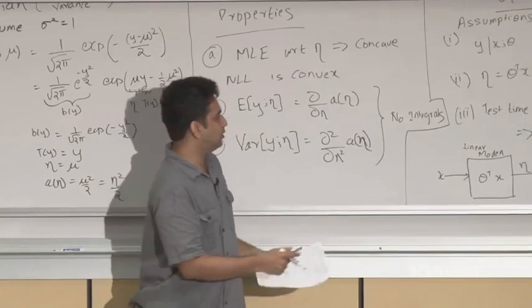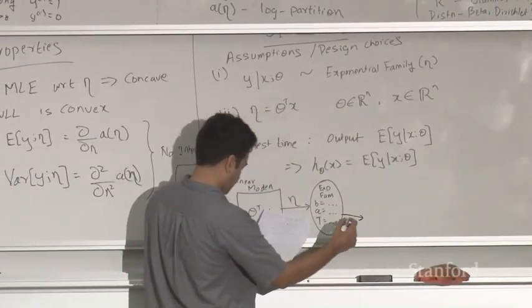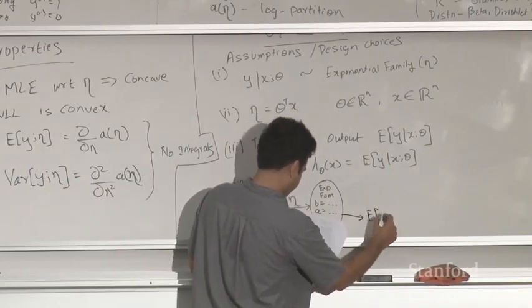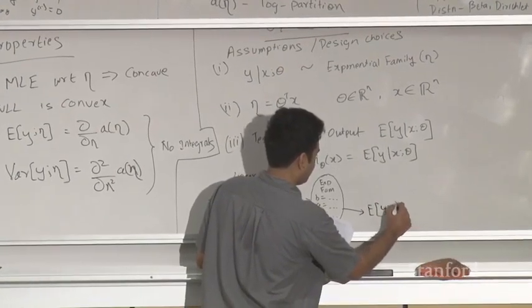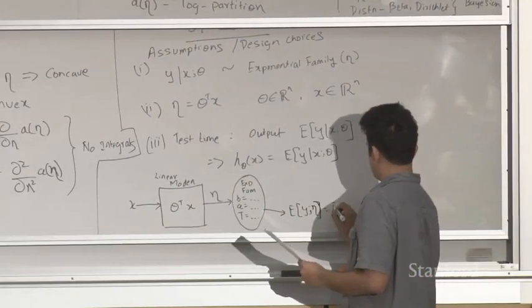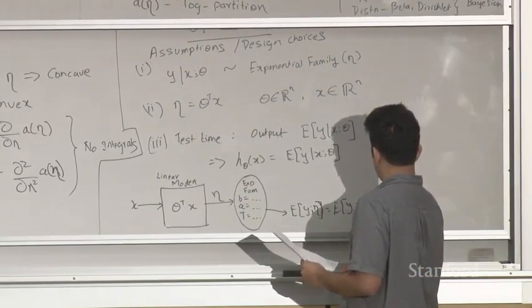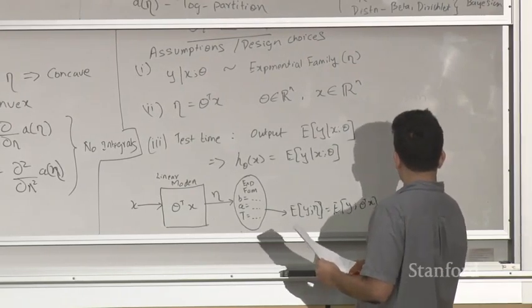And from this you can get the expectation of y given eta, which is the same as the expectation of y given theta transpose x, and this is essentially our hypothesis function.